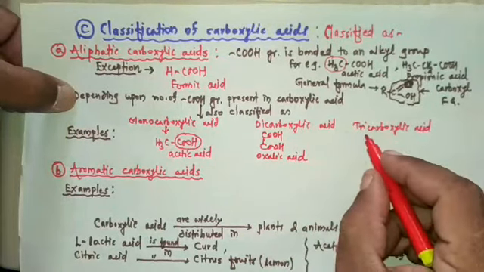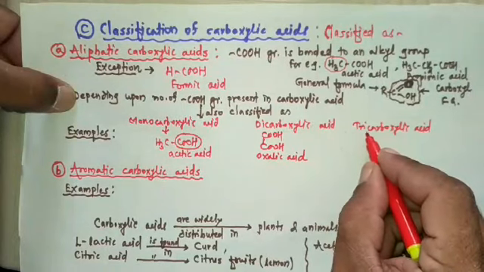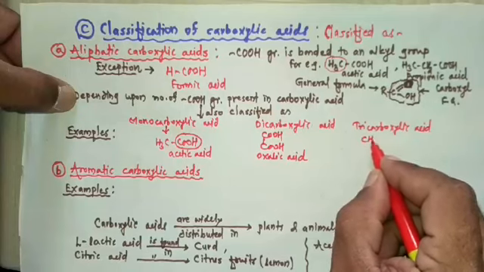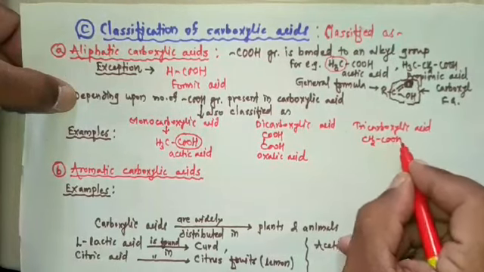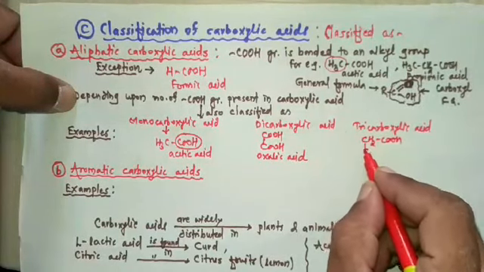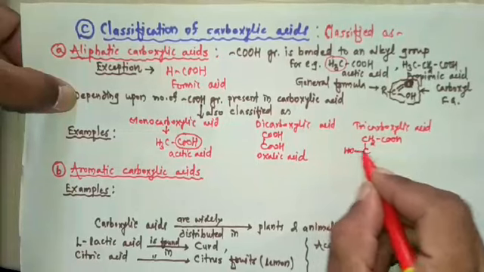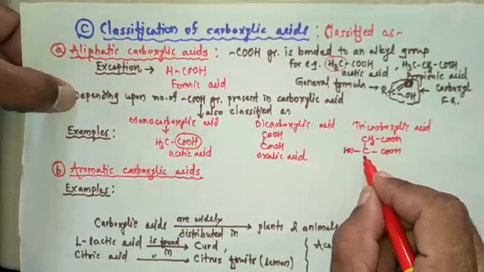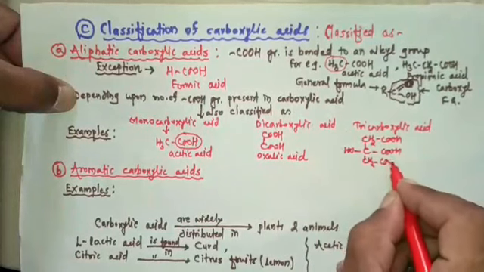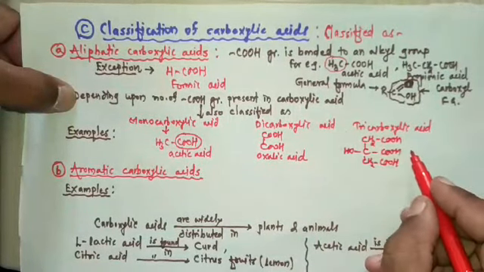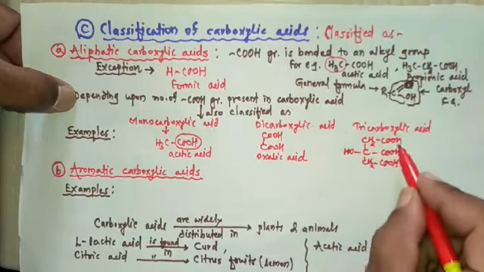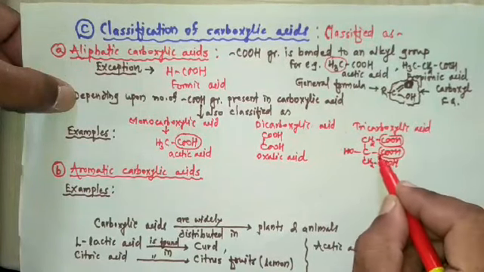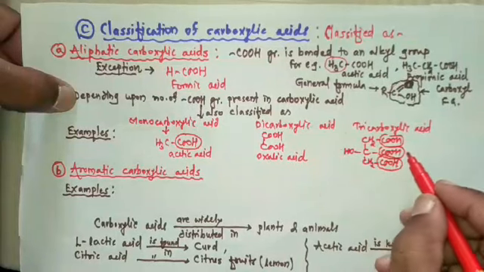Then take third example, that is the example of tricarboxylic acid. Here CH2COOH, here C, here HO, and here COOH, and here CH2COOH. So in this carboxylic acid, 3 carboxyl groups are present, or 3 COOH groups are present.